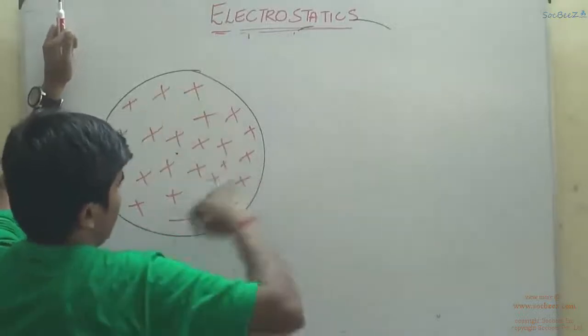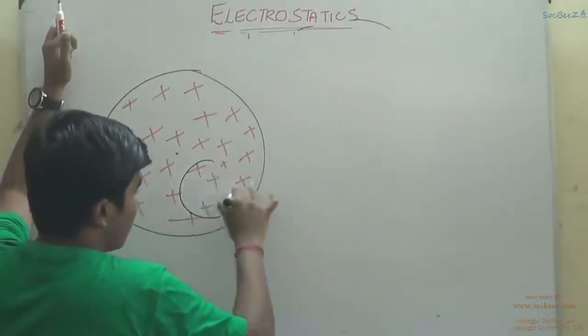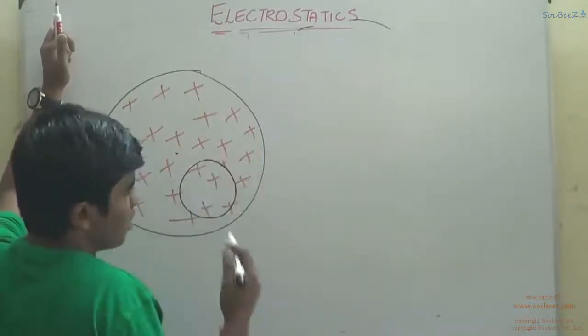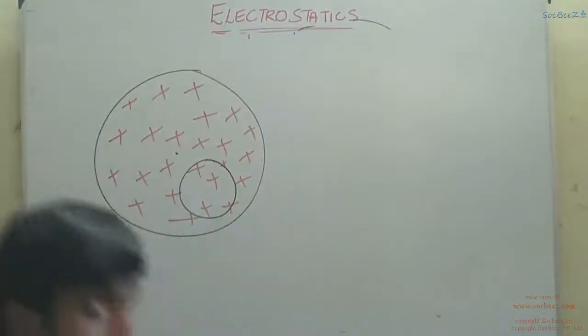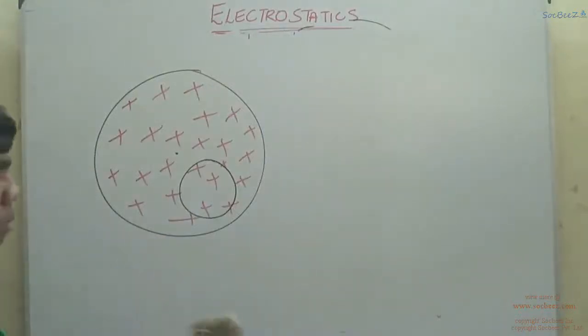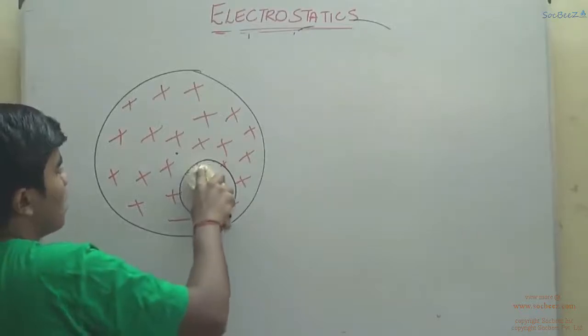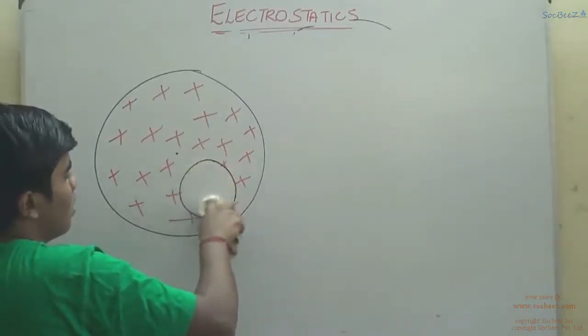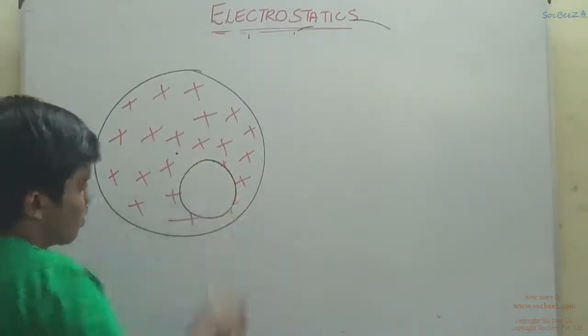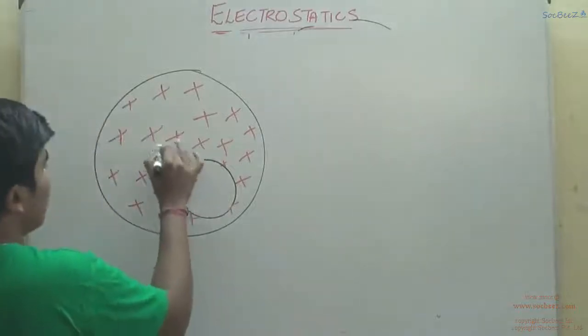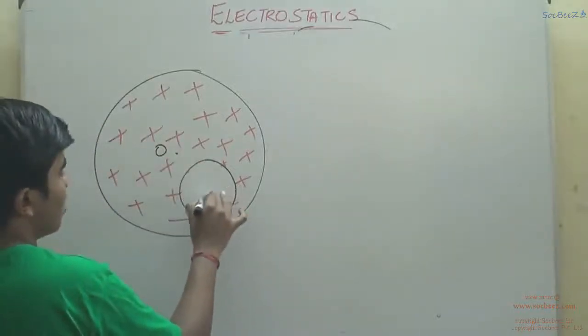This is a sphere. Now I remove one other sphere from this. Basically I make a cavity. The cavity does not mean that I remove some part of the actual sphere. The cavity simply means that there is no charge present in that area. Let this be O. Let this center be O dash.